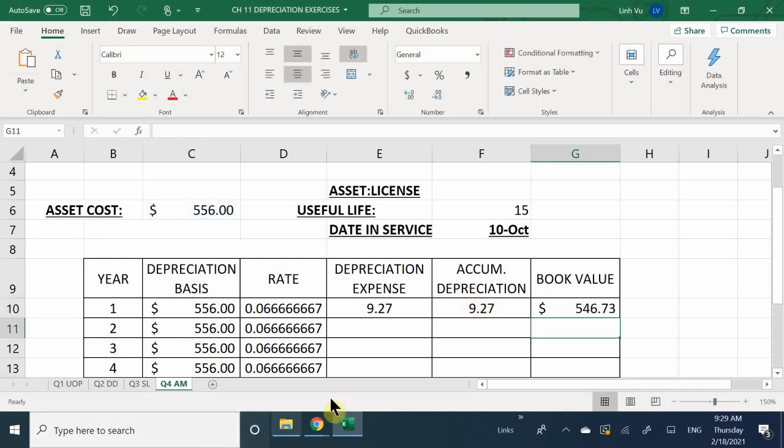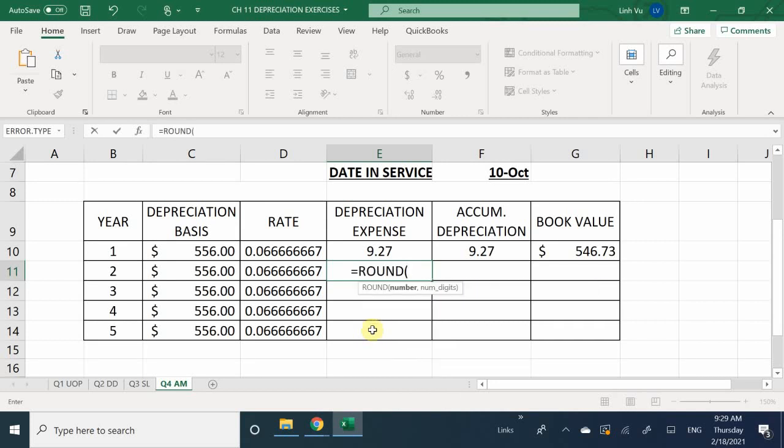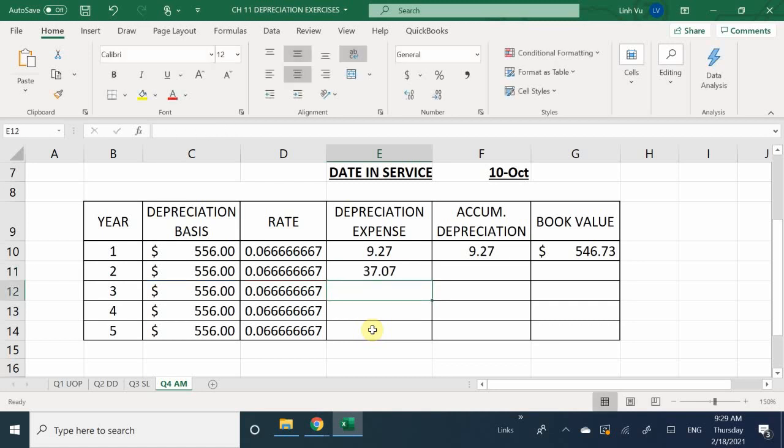546.73. Good. All right. So what is my depreciation expense going to be for year 2? This time we're depreciating it for the whole year. This is where the 37.07 comes in.